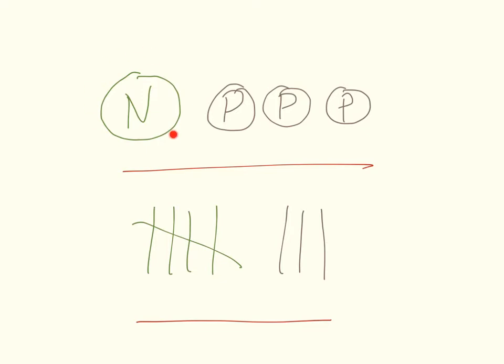I know that a nickel is worth 5, so I can start from 5. I can go 5, 6, 7, 8. Did you see how they were the same? Let's try counting again. 5, 6, 7, 8. Good job.